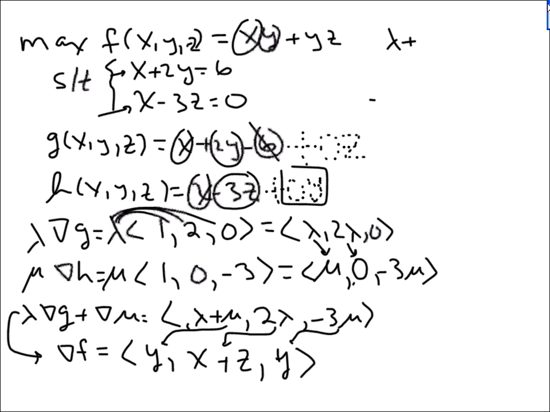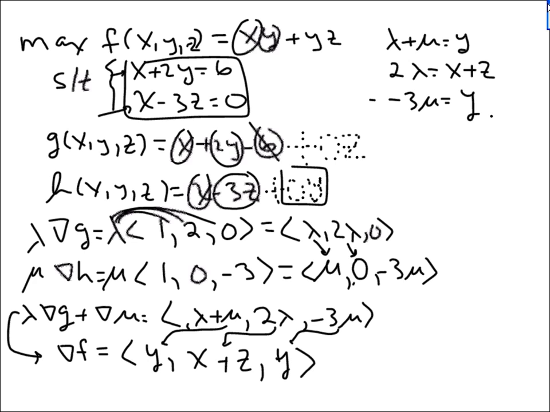We have that lambda plus mu is y. We have 2 lambda is x plus z. And we have negative 3 mu is y. And we have our two constraints. Okay, that's important.